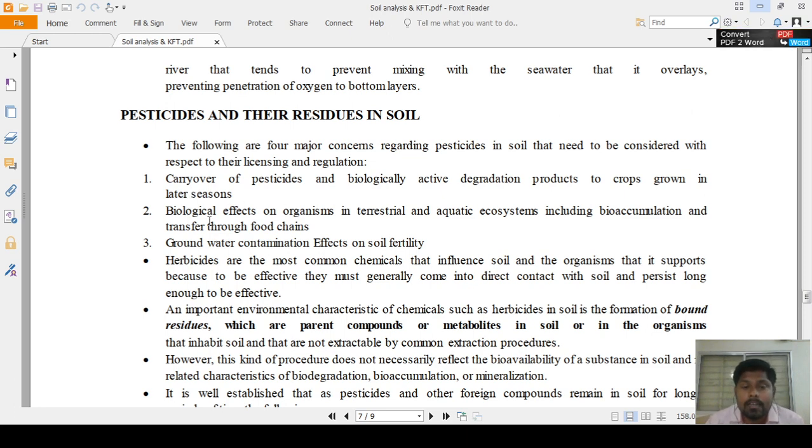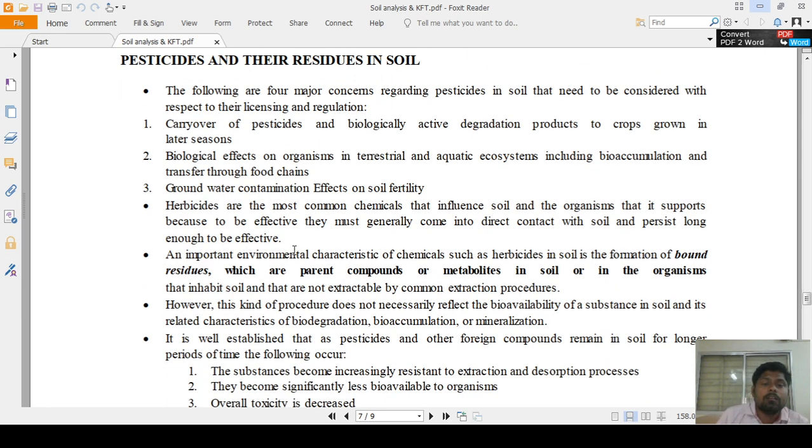Biological effects on organisms in terrestrial and aquatic ecosystems, including bioaccumulation and transfer through the food chain. Groundwater contamination. Effects on soil fertility. Those points must be remembered during the licensing and regulation of pesticide use in the agricultural process.